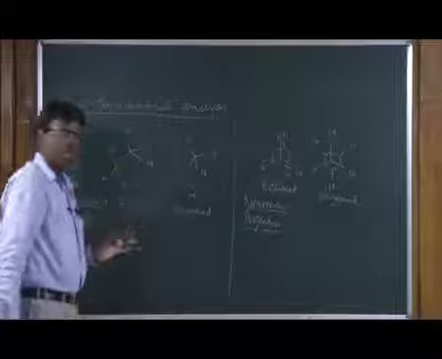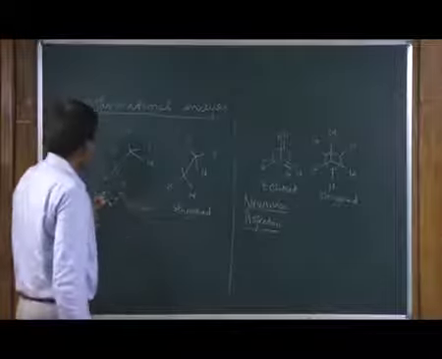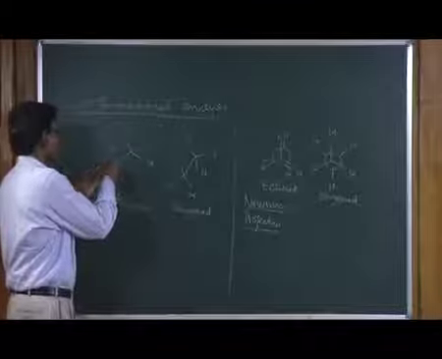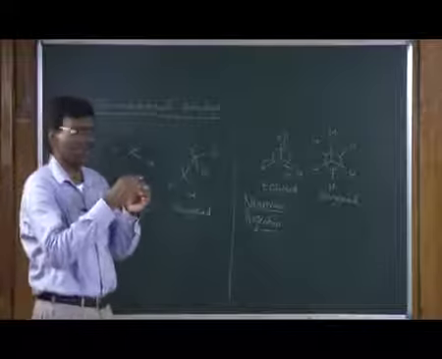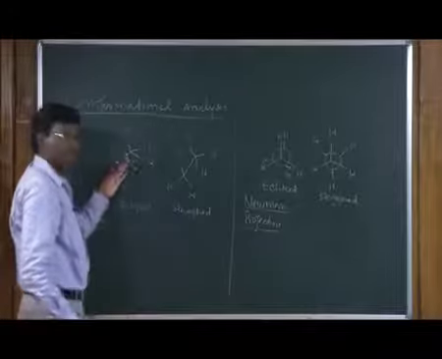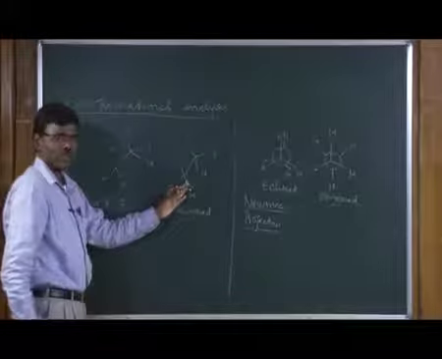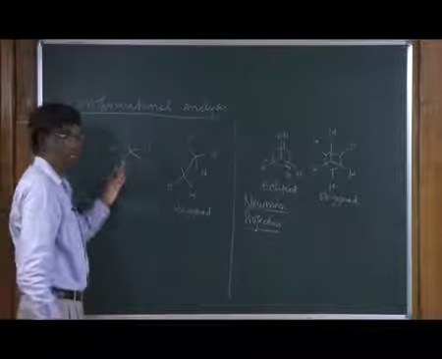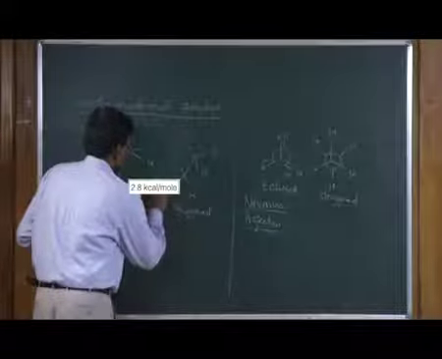These two are called conformational isomers or different conformations. If you look at this one, it is just behind, so there is a repulsion between this bond pair and this bond pair. Therefore, this conformer has more potential energy compared to that. In other words, it is less stable, by about 2.8 kilocalories per mole.